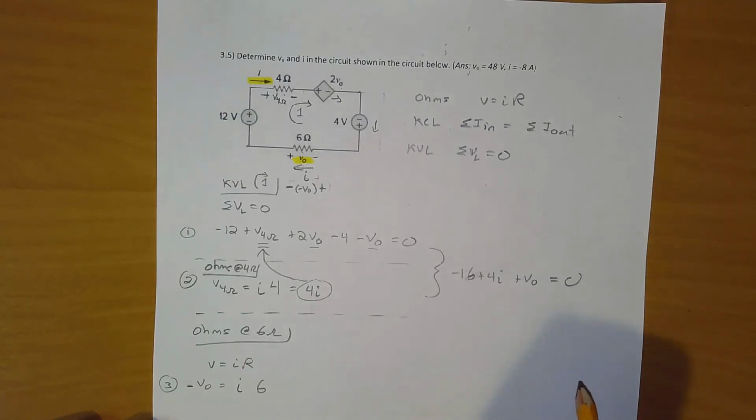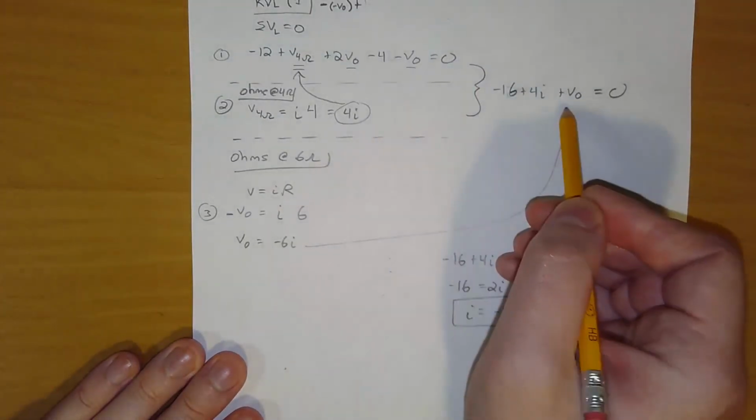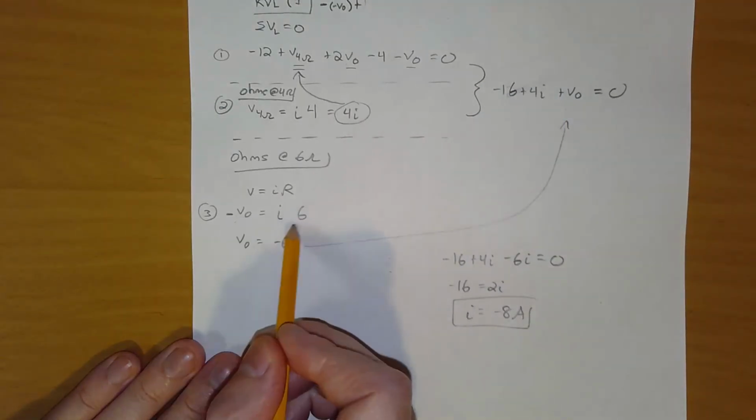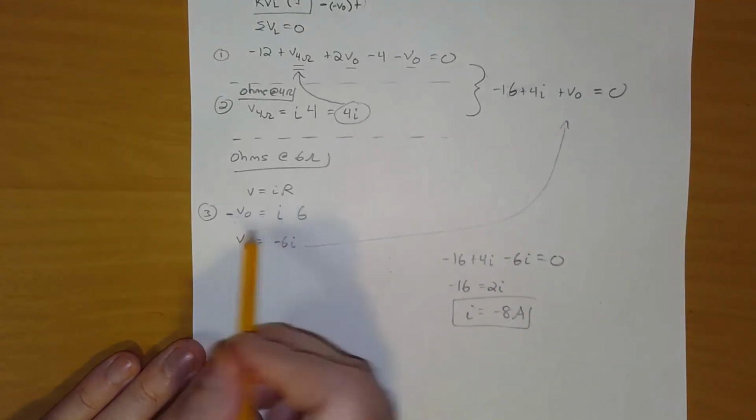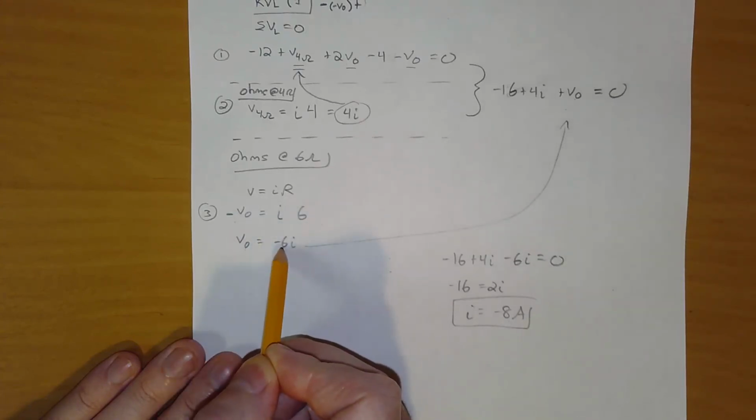And then V naught is equal to negative 6I. I'm going to sub in for the V naught, so I just make this V naught equal to negative 6I.